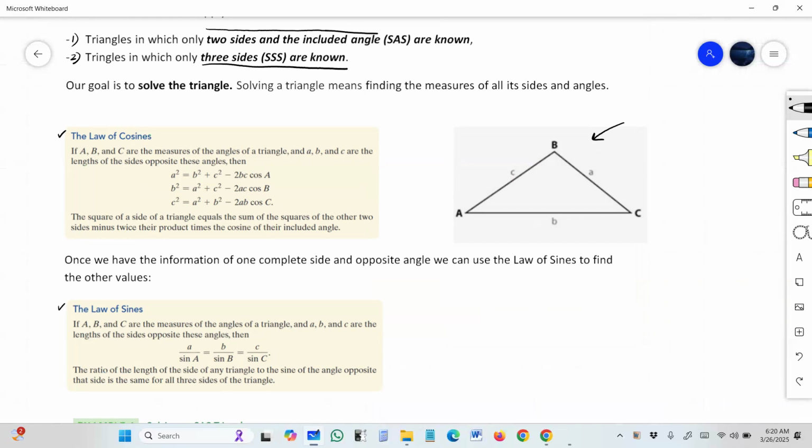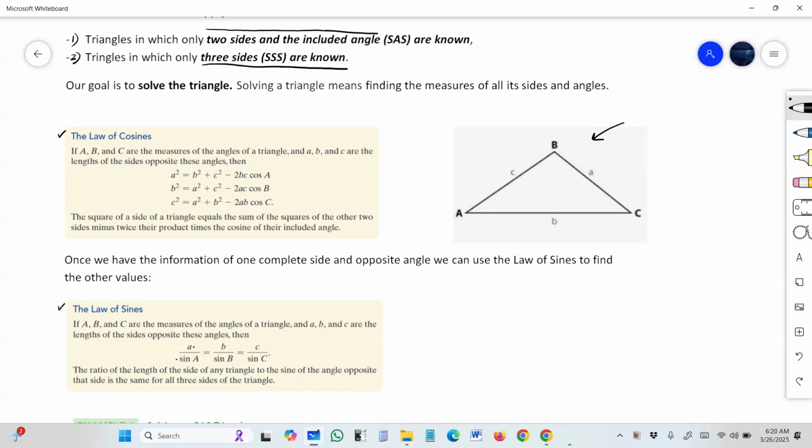The law of sines is perfect when we have one side, for example, A, and we have the angle associated with that side. When we do, then we have a whole relationship, A over sine A, or B over sine B, or C over sine C, and then we can solve for the remaining values.